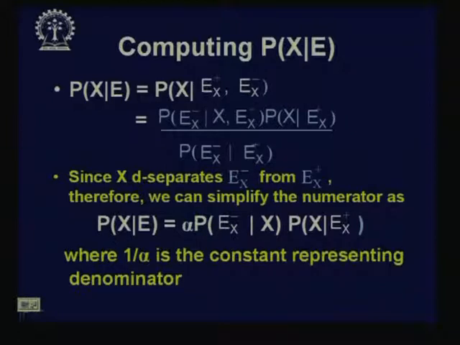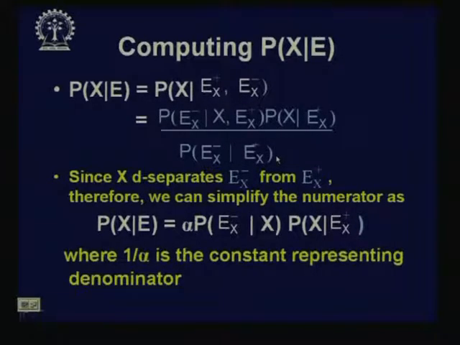We can say P of x given E will be, we just take the numerator, P of E x minus given x and P of x given E x plus, and we multiply it with alpha, where 1 over alpha is the constant representing the denominator. Because E x plus and E x minus are deseparated, I can find the independent a priori probabilities.